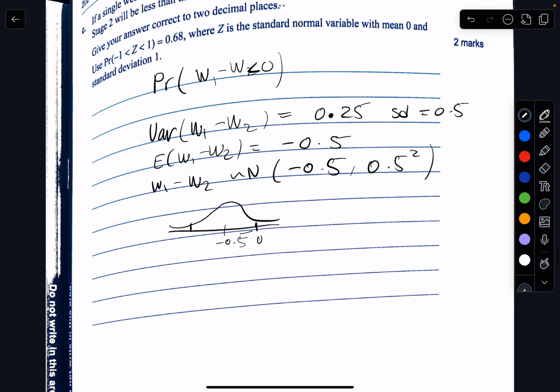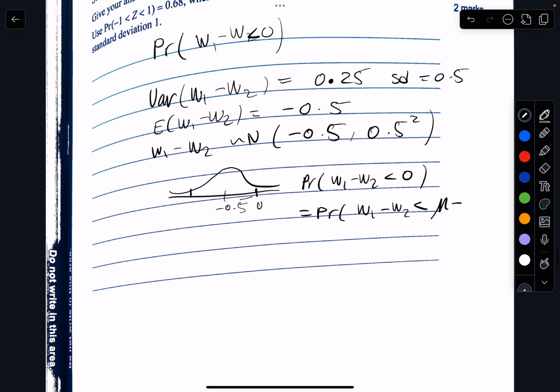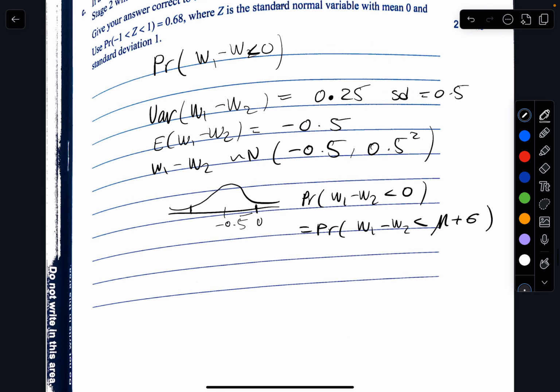So what we can write is the probability that W1 minus W2 is less than 0 is equal to the probability that W1 minus W2 is less than the mean plus 1 standard deviation. All right? And that's what they've given that to us for.